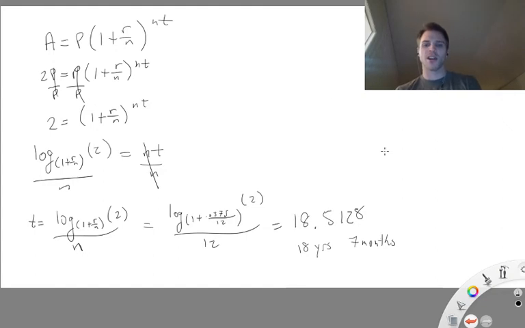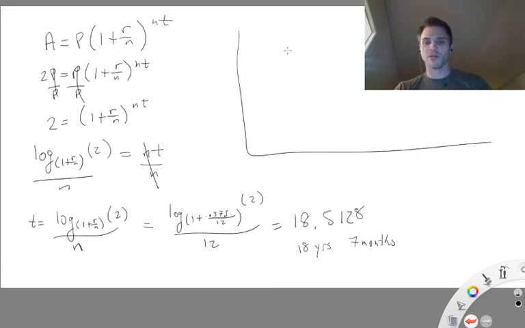All right, and so just so I can sketch out what I did to convert my 18.5128 to months, this is in years, so I subtracted off 18 years, and that left me with 0.5128. This is the remainder after I get years, and I want to figure out what that is in months.